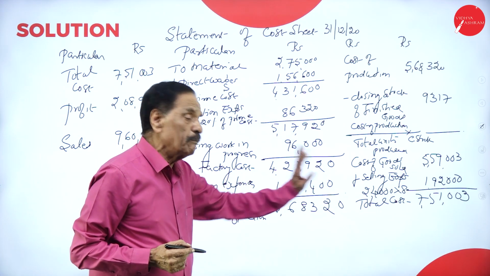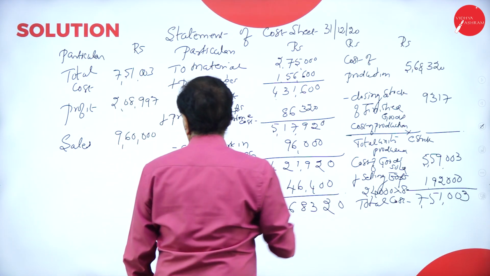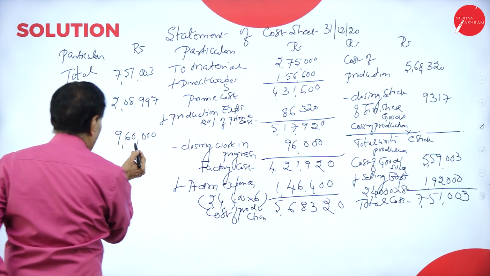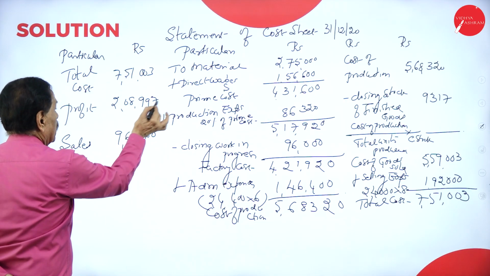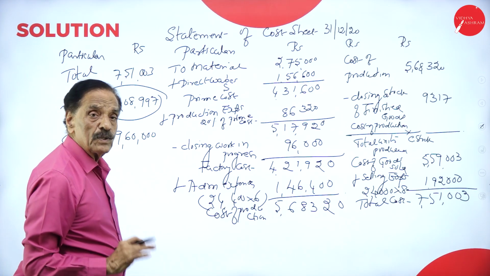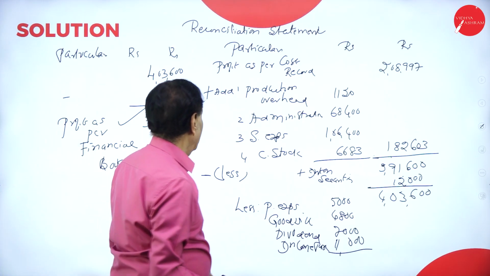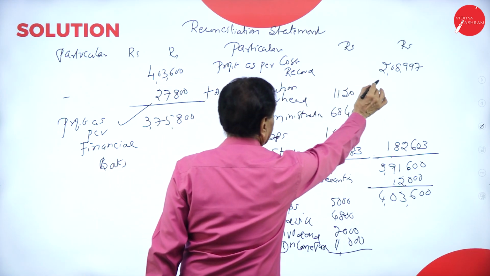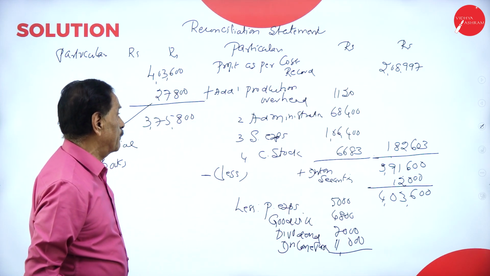Your total cost comes to 7,51,003. It has been sold for 9,60,000. The difference as per the cost record is 2,08,997.